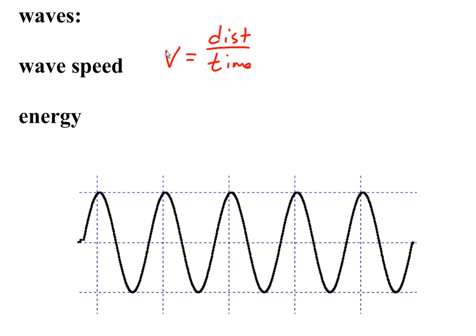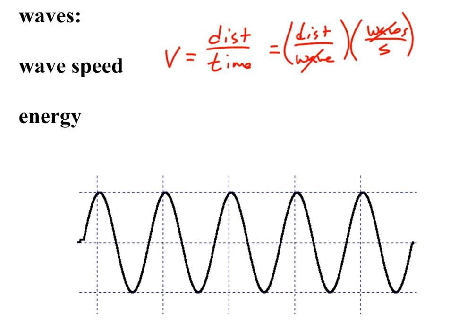And if we take a look at our frequency and velocity formulas, remember that the wavelength is the distance per wave, and if we multiply that times the frequency, which is the number of waves per second, waves cancel out, and we get a distance over a time, which is the velocity.